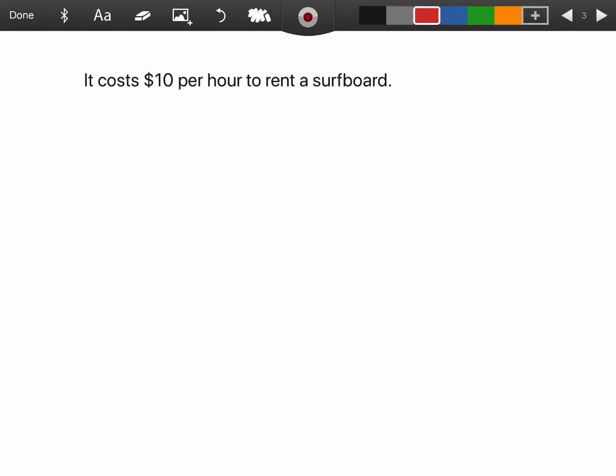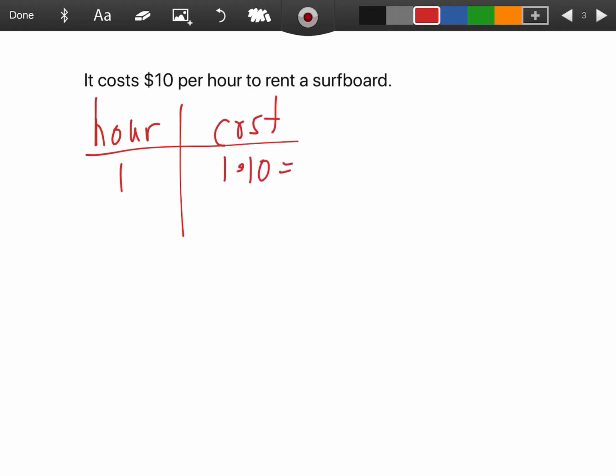For example, we can write a variable expression for this. It costs $10 per hour to rent a surfboard. Let's figure out how much it's going to cost us. If I'm renting a surfboard for 1 hour, what's going to be my cost? 1 times 10 is just going to give me $10.